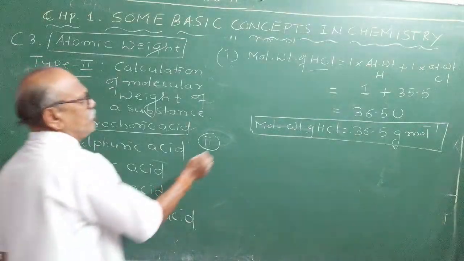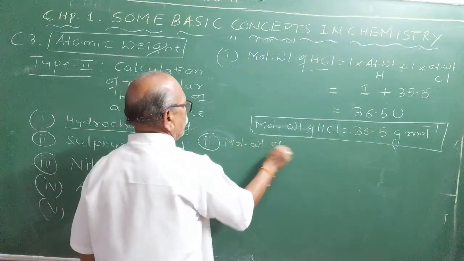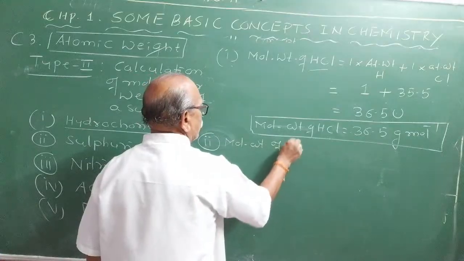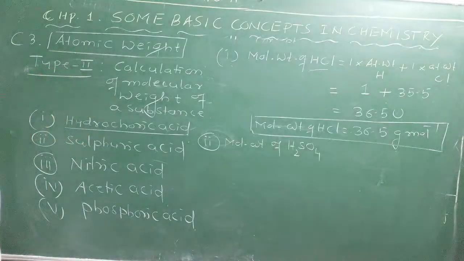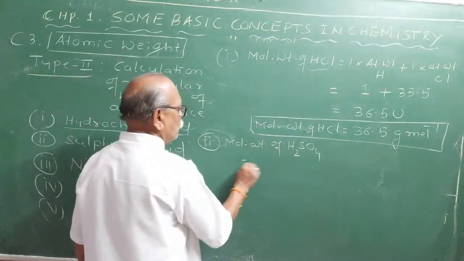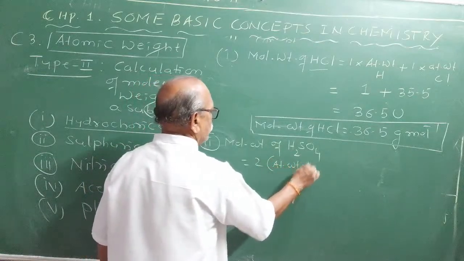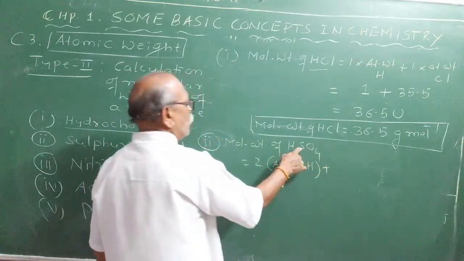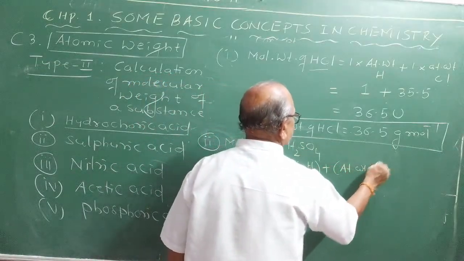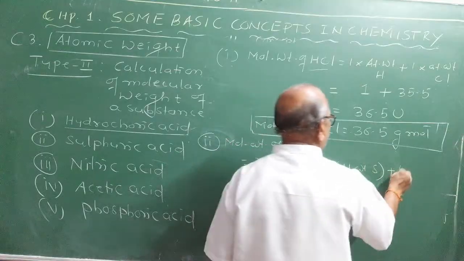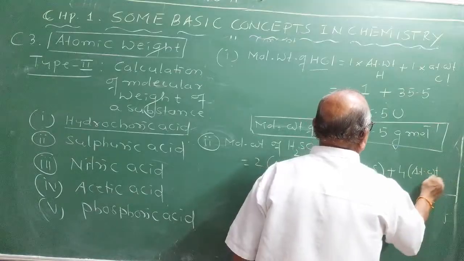What is the formula of sulfuric acid? Molecular weight of sulfuric acid. The formula is H2SO4. Now you start. You can write 2 times the atomic weight of hydrogen plus only one sulfur is there, therefore the atomic weight of sulfur, plus 4 times the atomic weight of oxygen. Calculate them and memorize them.